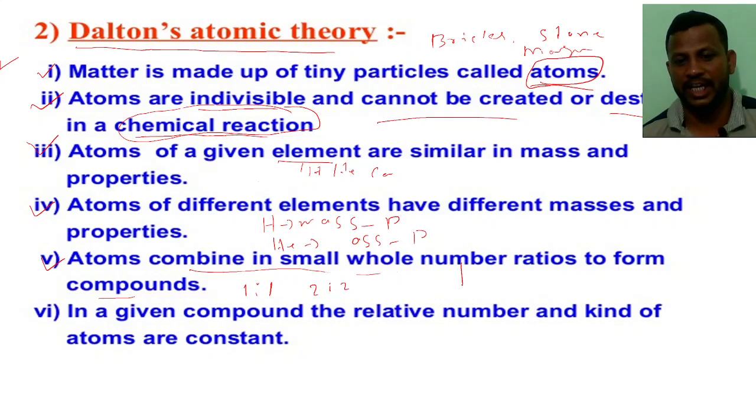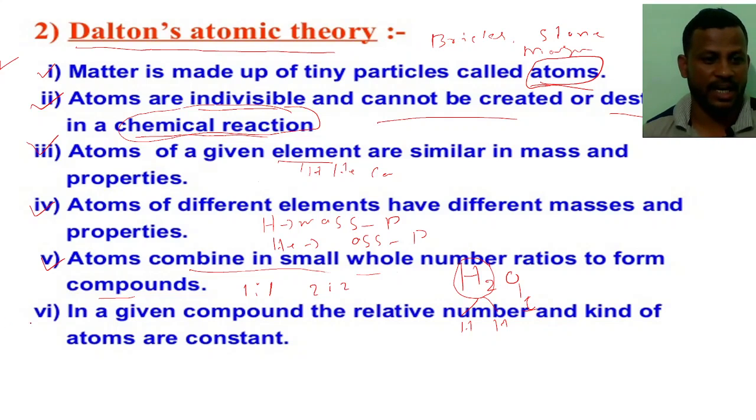For example, you can take H2O. It is a compound where two elements are combined with each other. There are 2 atoms of hydrogen present in the water and only 1 atom of oxygen is present in the water.